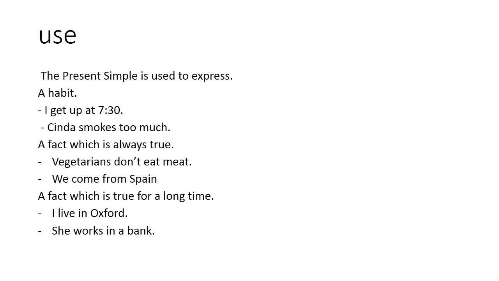The second use of the present simple is a fact which is always true, like vegetarians don't eat meat, and we can say we come from Spain. The third use of the present simple is a fact which is true for a long time. I live in Oxford. She works in a bank.